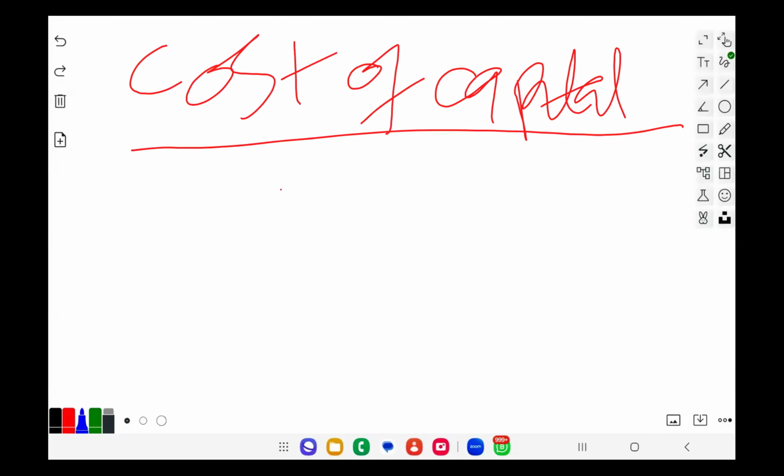To remind the class, the capital of any company can be made up of equity and debt.